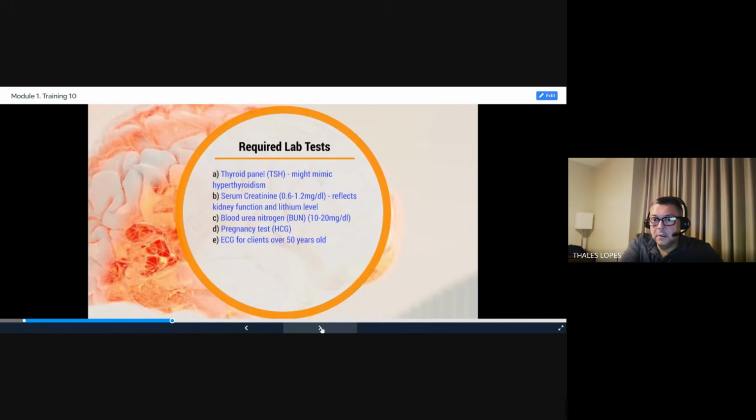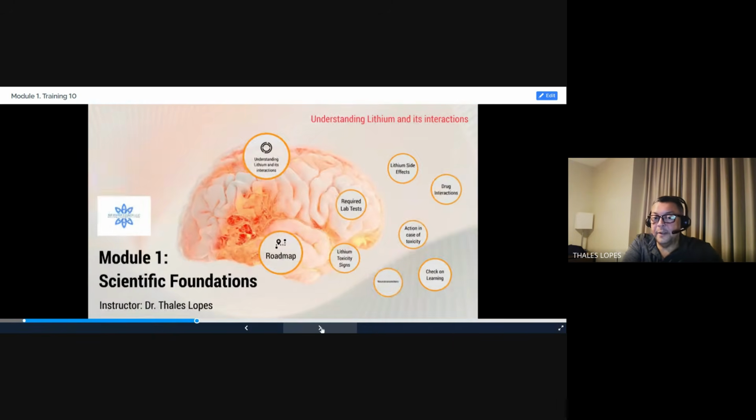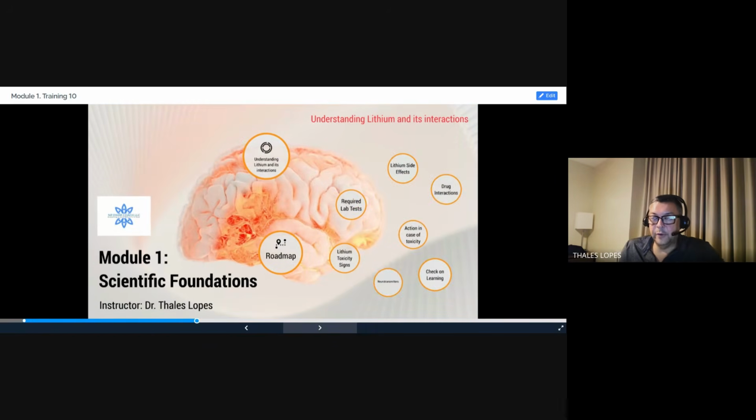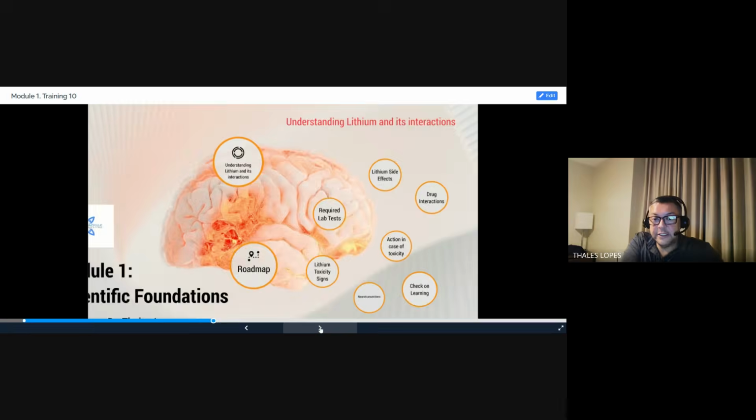Now, there are a lot more. You probably want to get a CMP. You definitely want to get a CMP, right? But for the test specifically, we are concerned about these 5 labs here. Okay, labs or studies, EKG. Okay, for the test. In real life, you want to know about your electrolytes. You want to know a little bit more in detail.